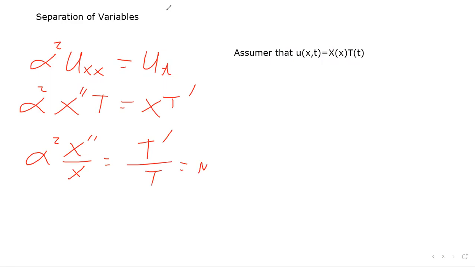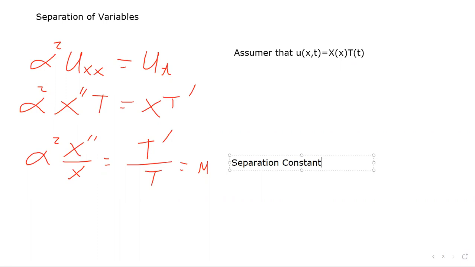And this can equal some mu value. That's going to be called our separation constant, because that's the constant we get after we've done our separation.